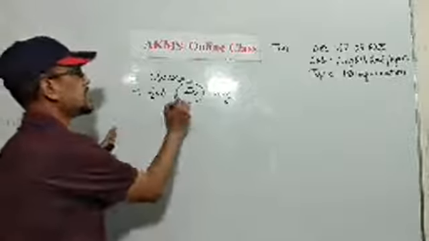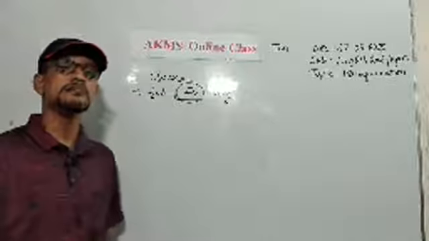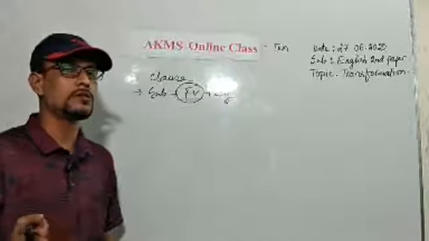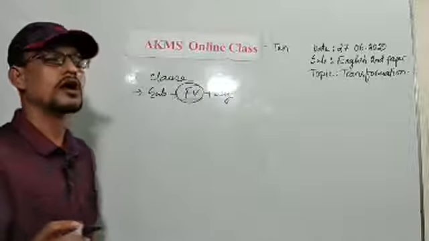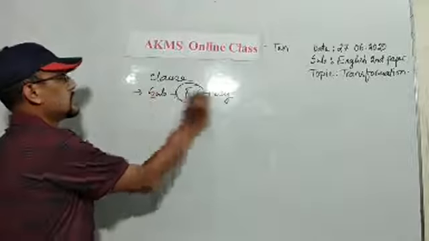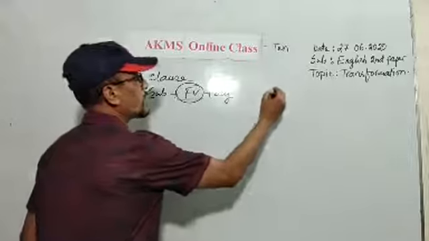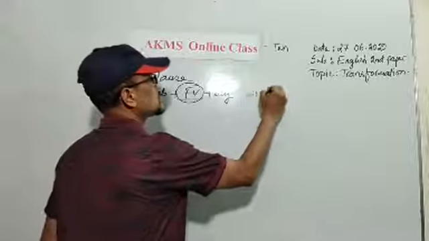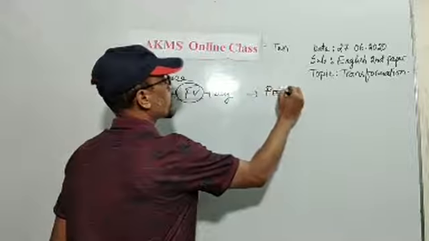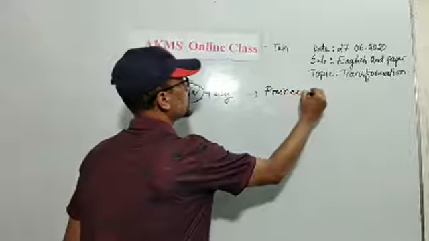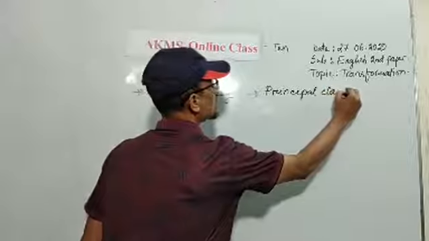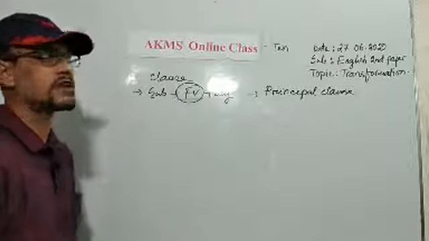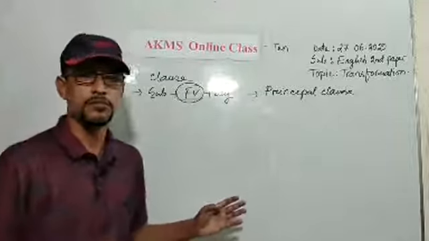And if a finite verb is in a part of a sentence, then it will be called a clause. And all of you know that there are three types of clauses. What is this? Principal clause.